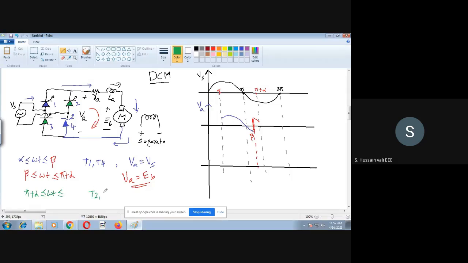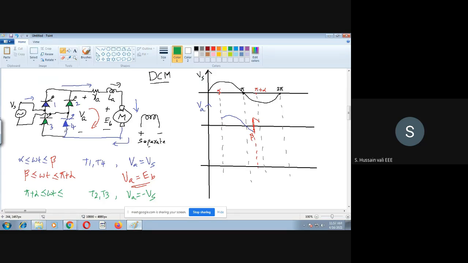So T2, T3 will conduct. When T2, T3 are conducting, once again you get the same answer, that VA is the same as minus VS. Minus, because if you check the potential difference here, you will understand that the positive voltage is connected here, whereas the negative voltage is connected there.